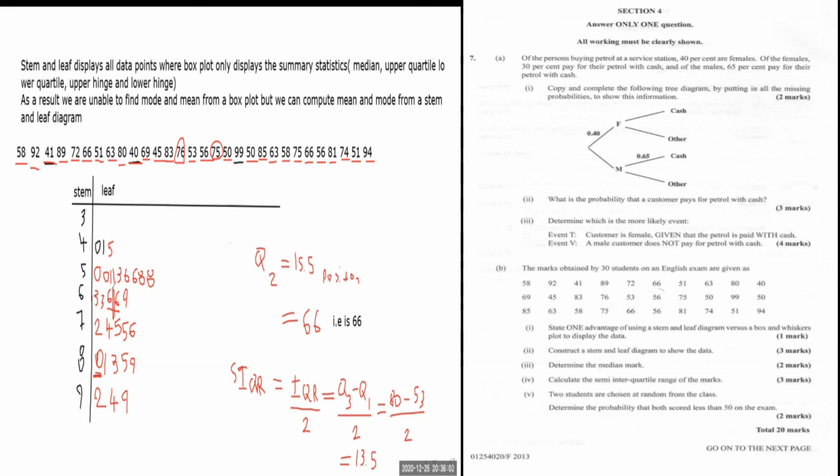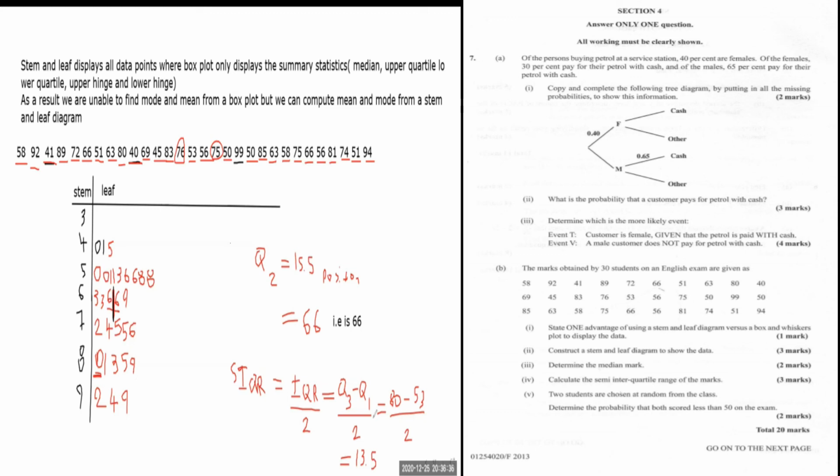All right, you split the data in half. When you split the data in half, you have 15 terms here and 15 terms here. So to get Q3, just find the median of these 15 terms. So you go 1, 2, 3, 4, 5, 6, 7, 8. So that's how you get Q3 to be 80. To get Q1, you have 15 terms here. So find the middle term of these 15, which would be 1, 2, 3, 4, 5, 6, 7, 8. That's how you get the semi-interquartile range.